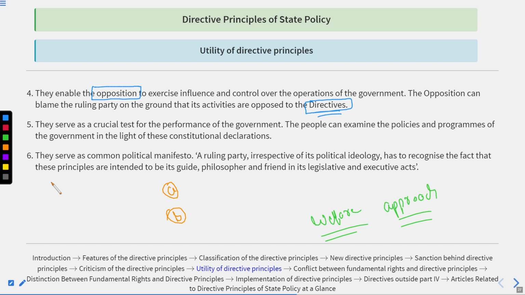And what are these two things? First is social freedom and economic freedom.